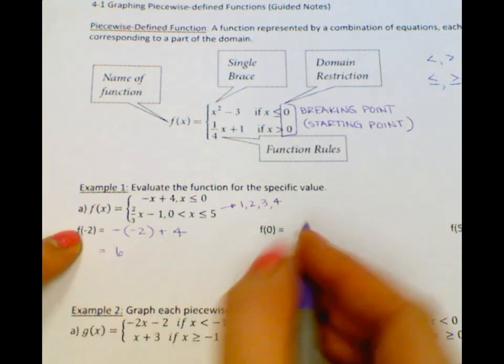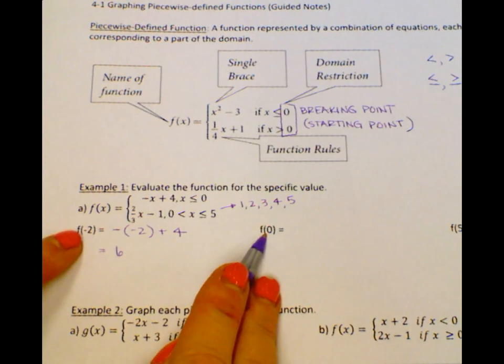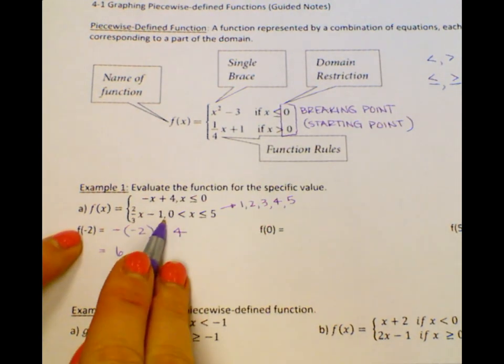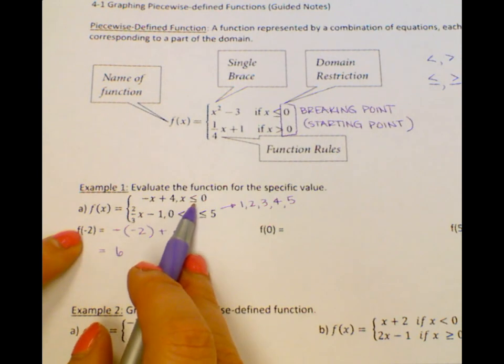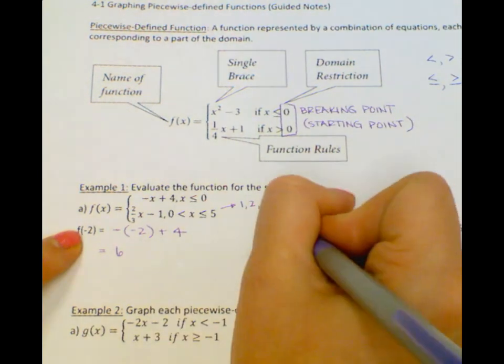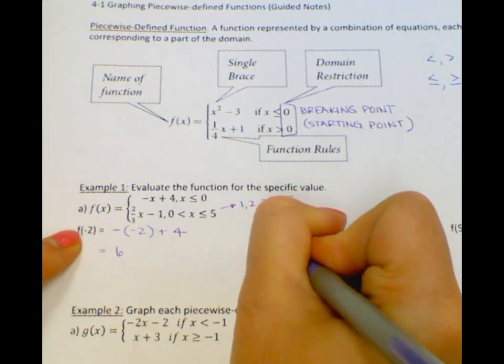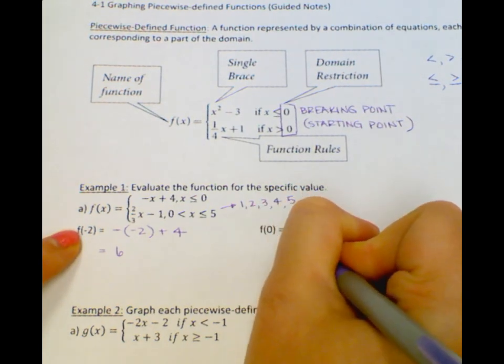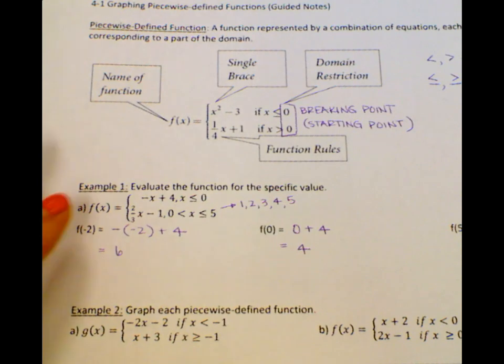Yeah, because look, it has a little underline under it. It includes the 5. So which does the 0 fall into? Does it fall into the top or the bottom? Yeah, the top again, okay, because it has a little underline. So we'll have negative 0, which does not work. So 0 plus 4, which is what? 4. Yay. Okay, so when you're evaluating, you got to make sure you look at the restriction to see which one you're going to plug it in.